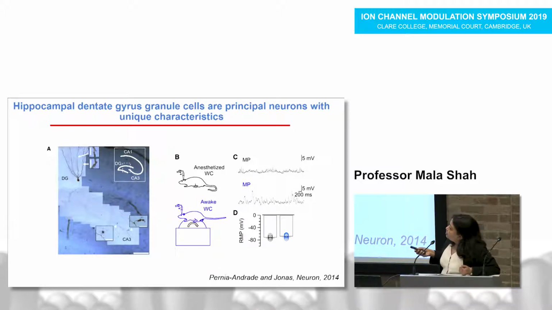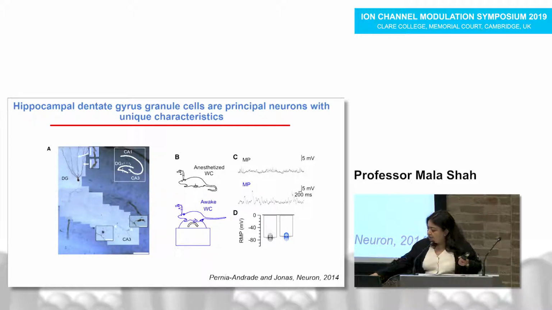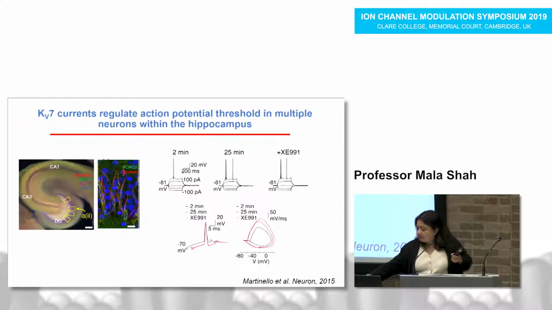And what is also interesting is that the properties of these neurons are such that they don't actually fire many action potentials at all. So these are in vivo recordings from Peter Jonas's lab from either anesthetized or awake animals, and you can see that there is very little spontaneous firing. The resting membrane potential of these neurons is also very negative, around minus 80 millivolts. So we wondered, do these neurons have KCNQ currents or Kv7 currents, and are they also in axons?